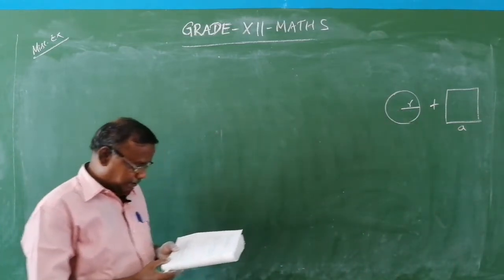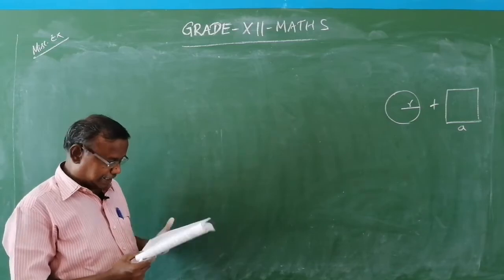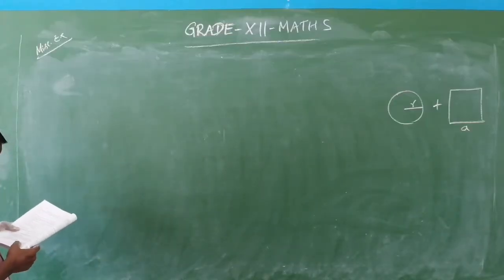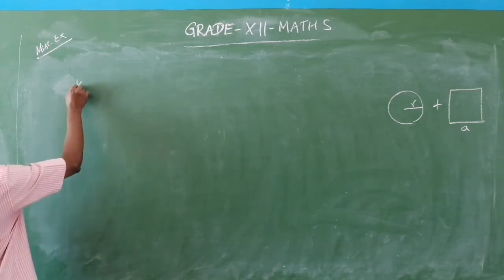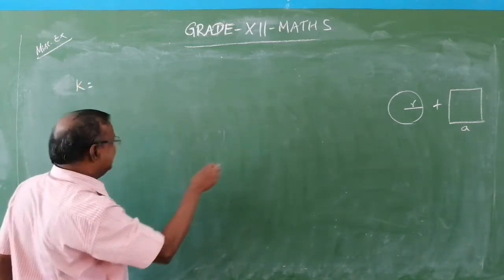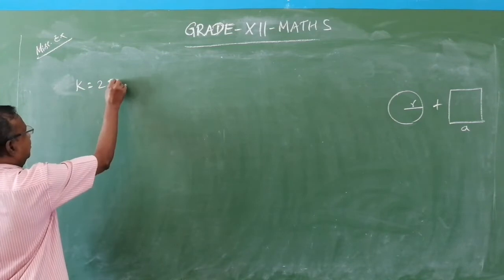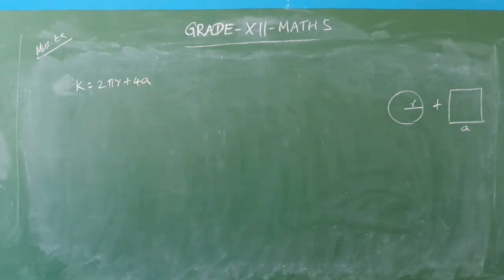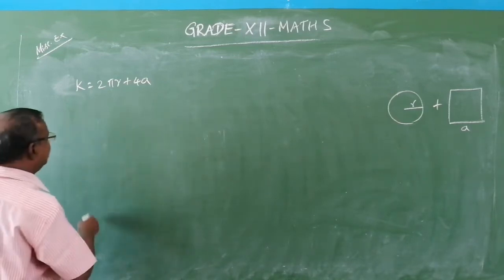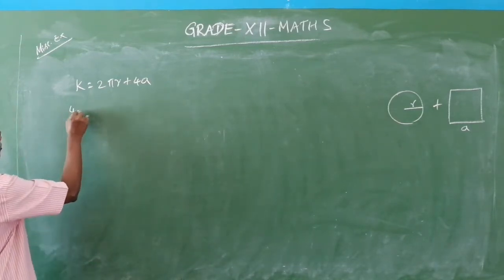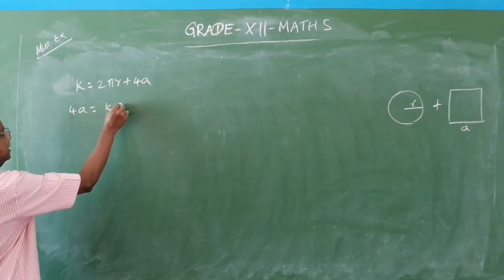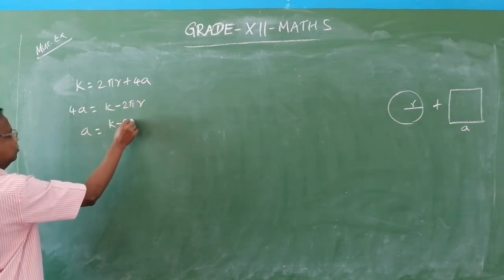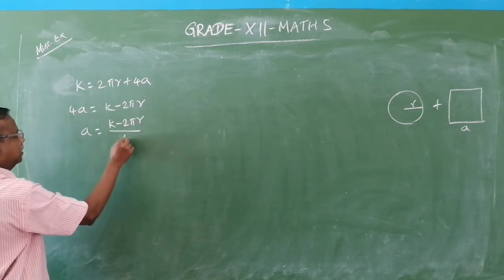So k equal to, the perimeter is 2 pi r plus 4a. Now we need to change one variable in terms of another variable, that is 4a equal to k minus 2 pi r, and a equal to k minus 2 pi r divided by 4.